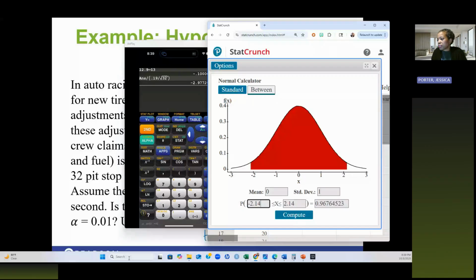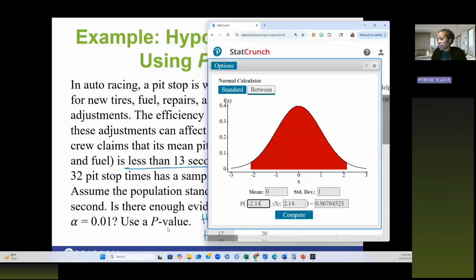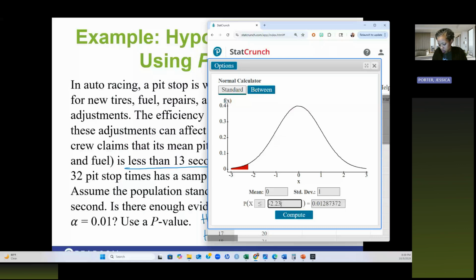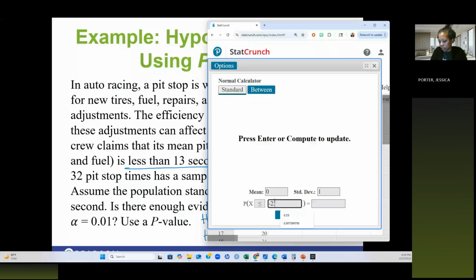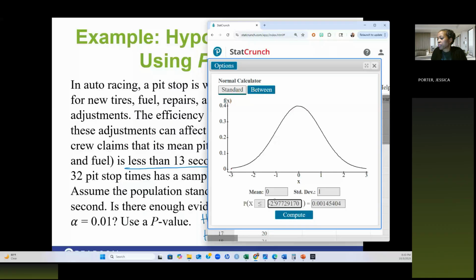Less than negative 2.97. So we get 0.00145404. Are we going to reject or fail to reject the null hypothesis?